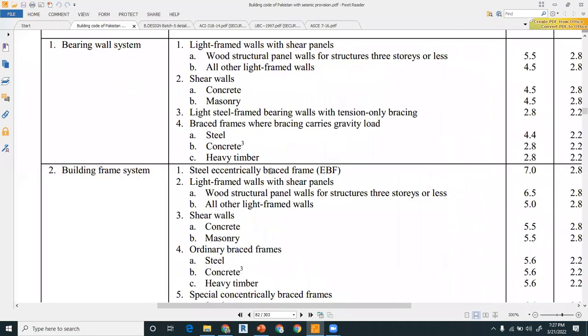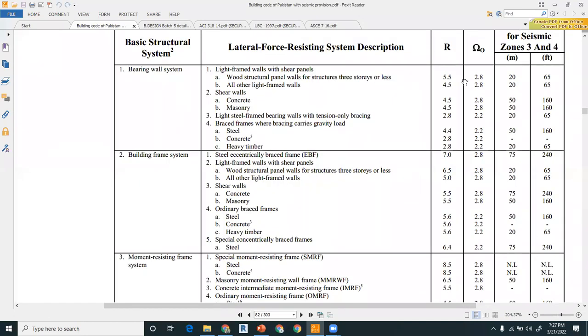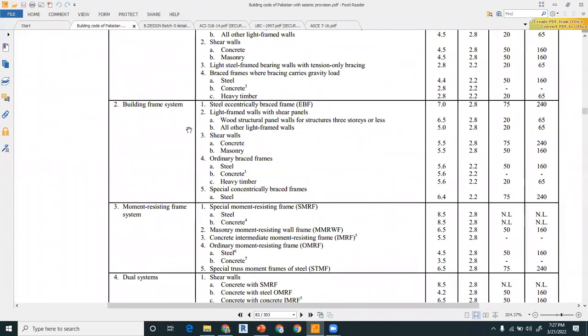So the R value is different for different structural systems. For example, in the building frame system, in which the shear wall is made of concrete, the R value is 5.5, right? And if it is ordinarily braced, in concrete, again it is 5.6. What does it mean, 5.5 and 5.6?